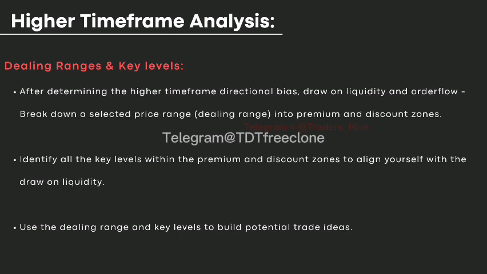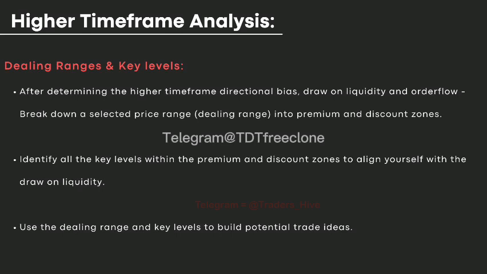In case of a bullish order flow or bullish market, you would want to look for trade ideas or trade opportunities in the discount zone, which means key levels in discount and candle ranges inside the discount zone of the current dealing range that you are dealing with.